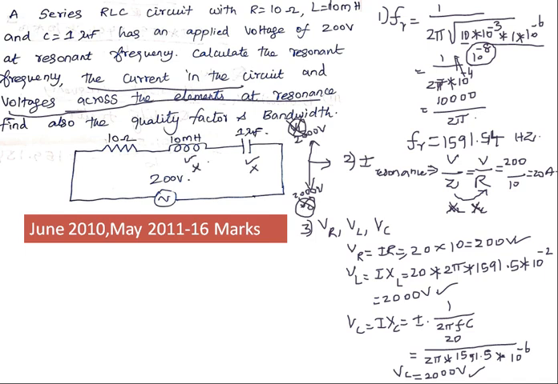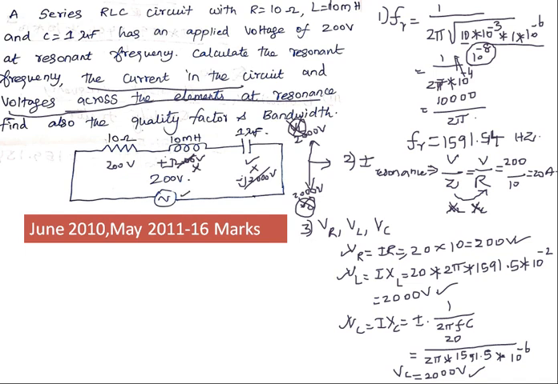If you apply KVL: 200 volt, plus j 2000 volt, minus j 2000 volt. These two cancel, so KVL is automatically satisfied. If you add the resistance voltage, inductance voltage and capacitance voltage, you get the supply voltage. That is the main thing.